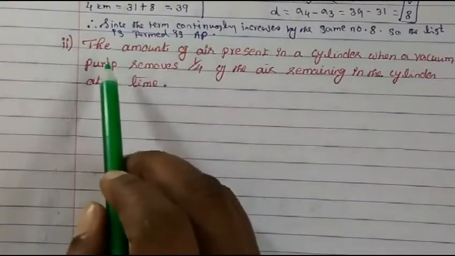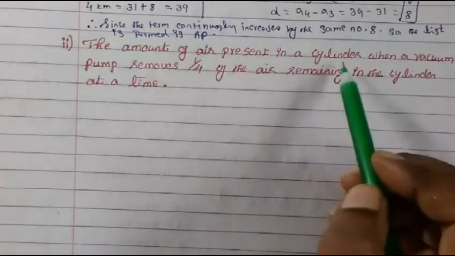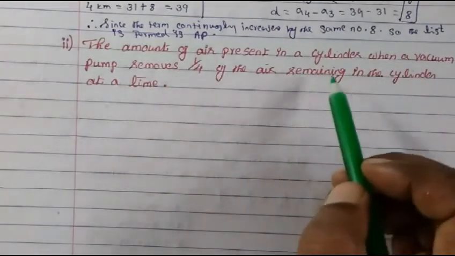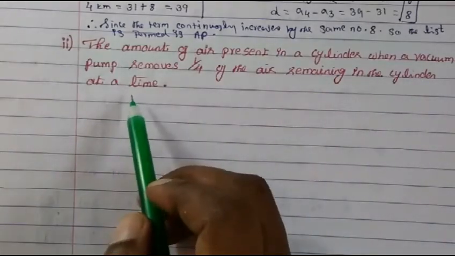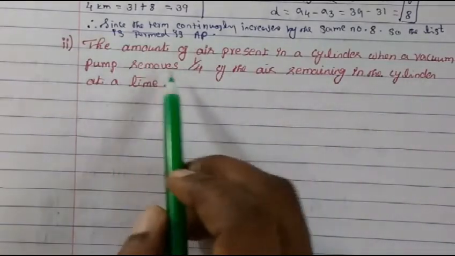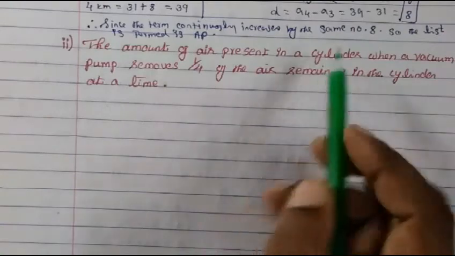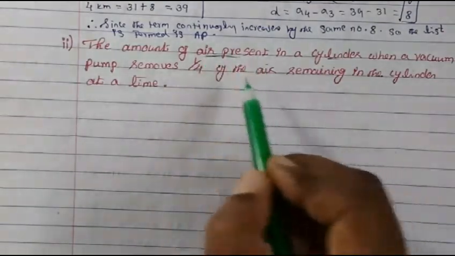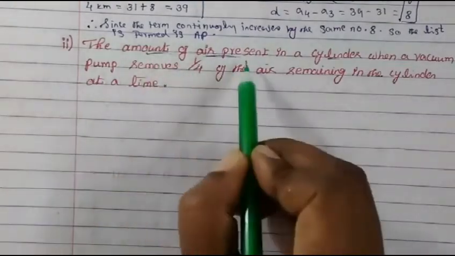The second one is the amount of air present in a cylinder when a vacuum pump removes 1/4 of the air remaining in the cylinder at a time. So what they are trying to tell us is there is a cylinder, and in that cylinder there is air present. How much air is present? We don't know.